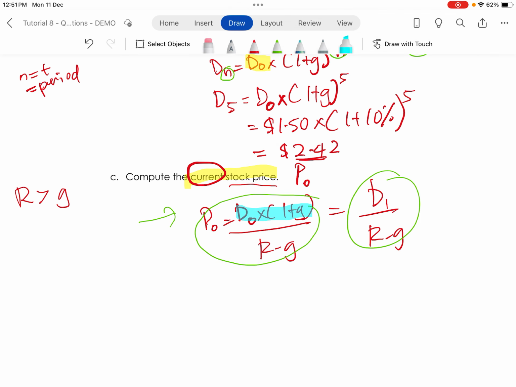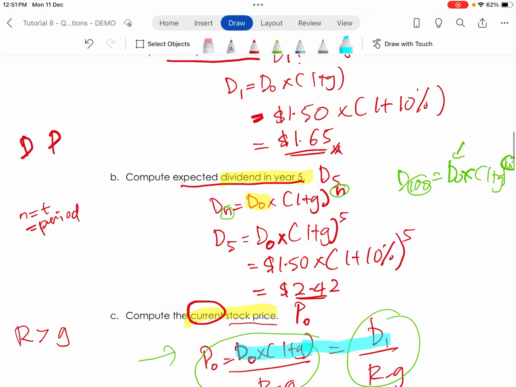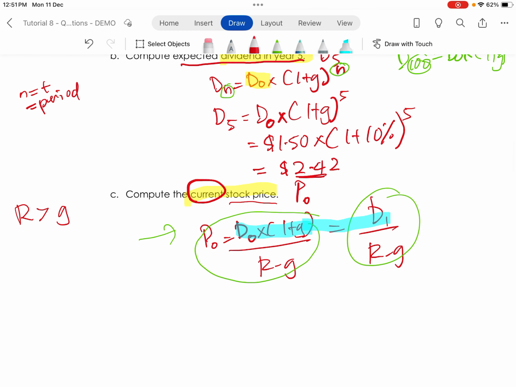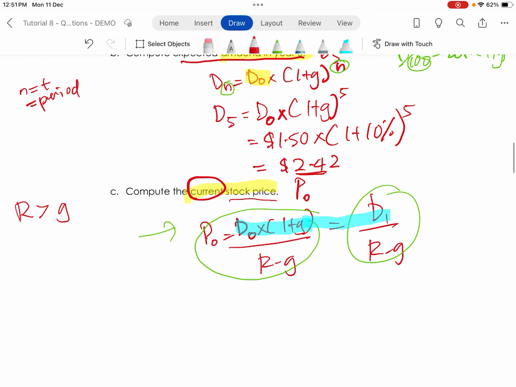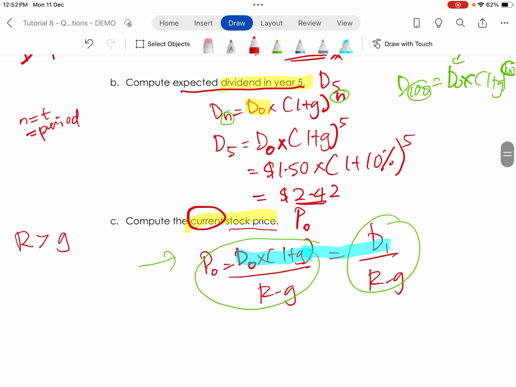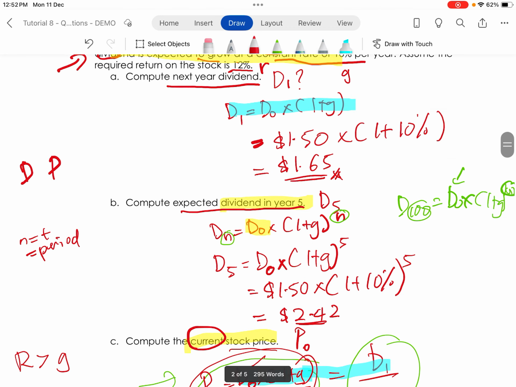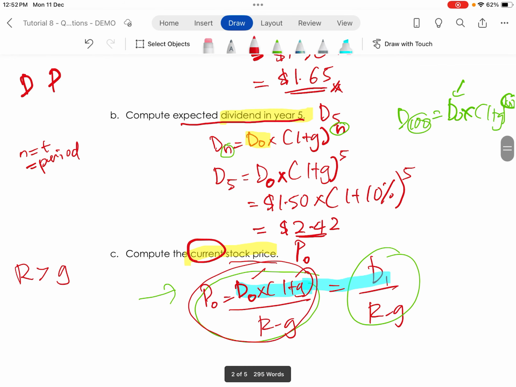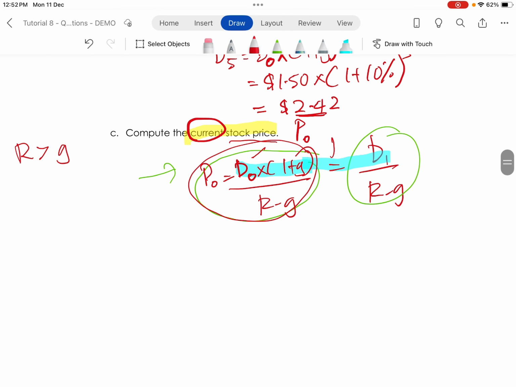This one is actually equivalent to D1. So you have to look back at the question. If the question gives you D0, then you use this formula. If the question provides you D1, the next year dividend, then you use this one, meaning P0 equals D1 over R minus G. Either one.